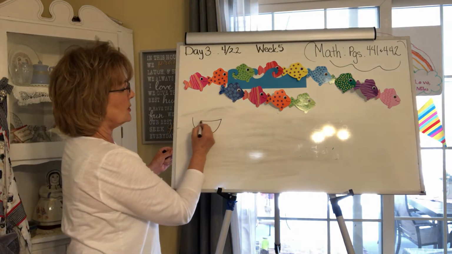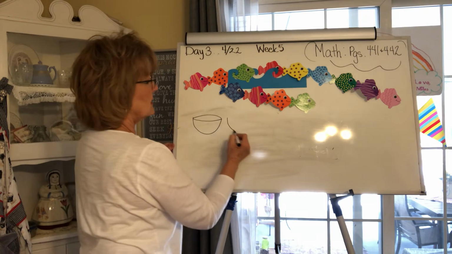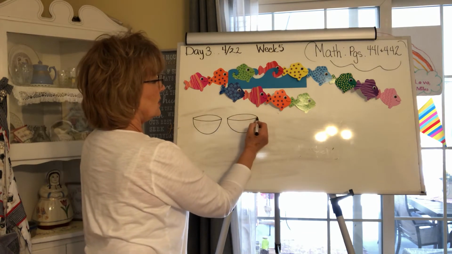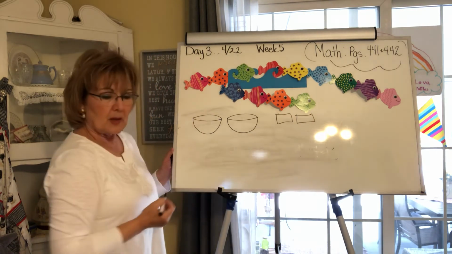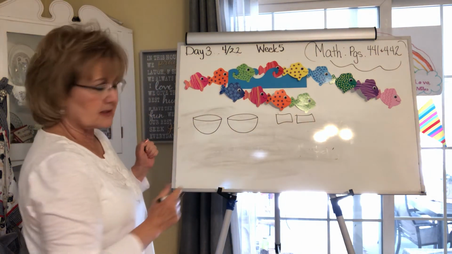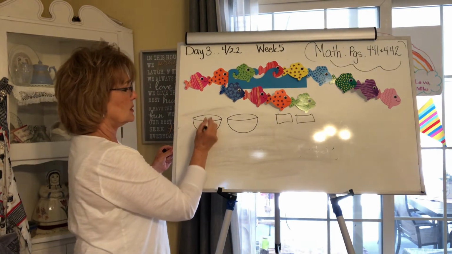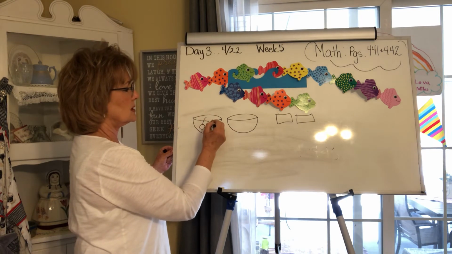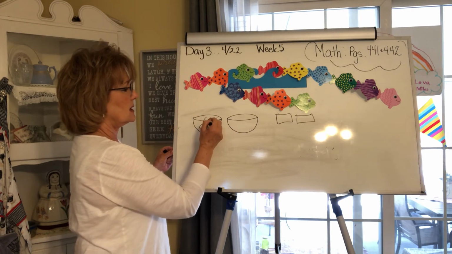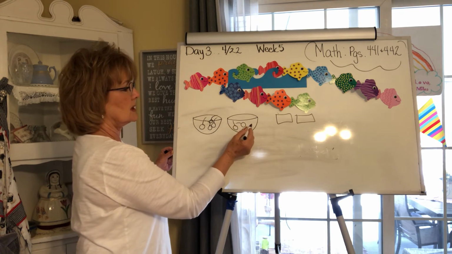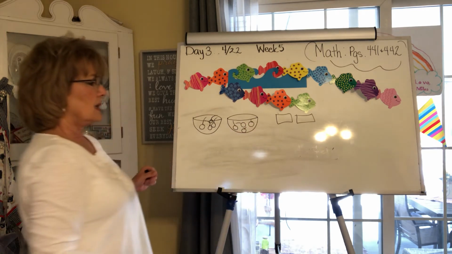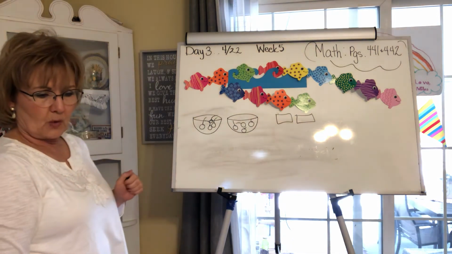So if you want to be fancy and draw the 2 bowls, or you can just say 2 groups. Okay, but each bowl has 4 cherries. 1, 2, 3, 4. 1, 2, 3, 4. Each bowl has 4 cherries.